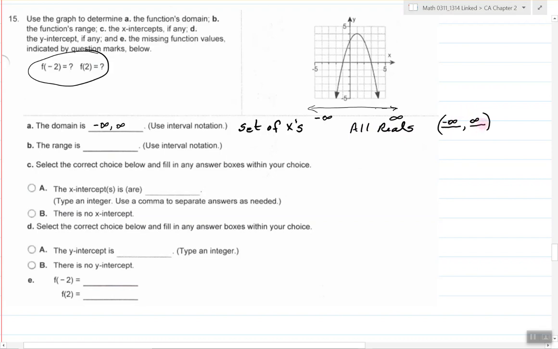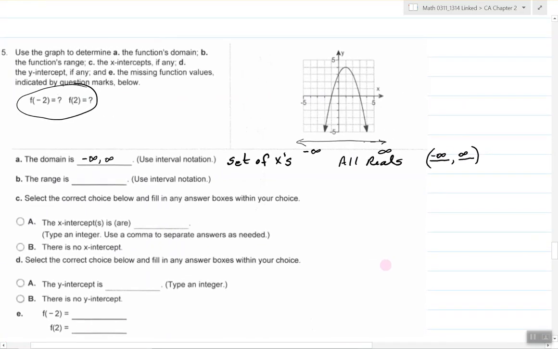All right, now I'm going to talk about the range. Remember that the range is the set of y's. So now I'm talking about up and down. It seems to go down forever toward negative infinity, but it does not go up forever.